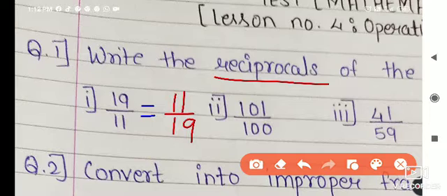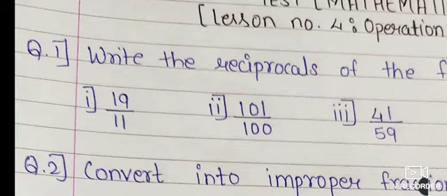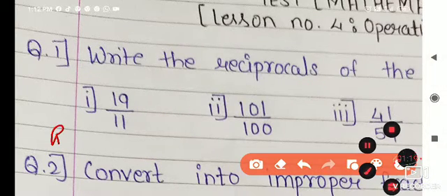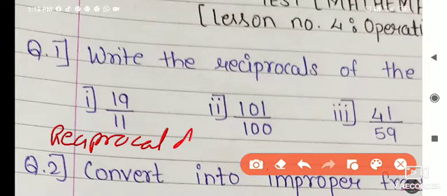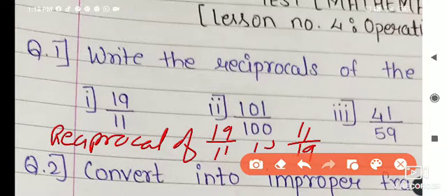Now here it is 101 upon 100. The reciprocal of this, as I told you, we are not going to write like that because it will be wrong then. So how do you have to write here? For the first question, the reciprocal of 19 upon 11 is 11 upon 19, right?